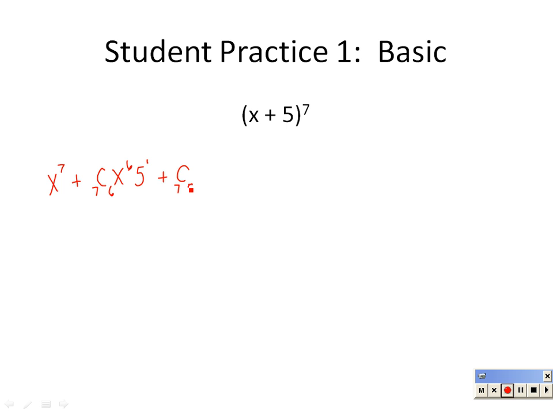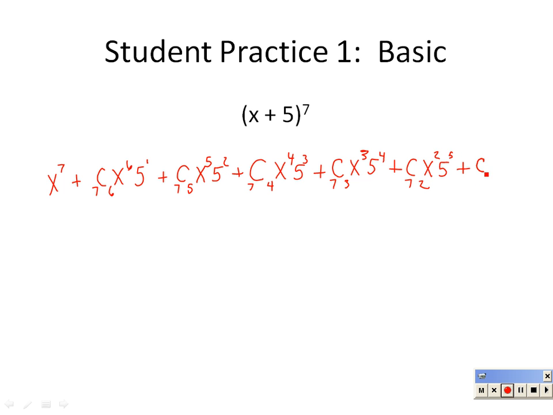And a combination of 7 with 5, because our third term will be x to the 5th. Okay, wow. So we're going to have some pretty big numbers here.